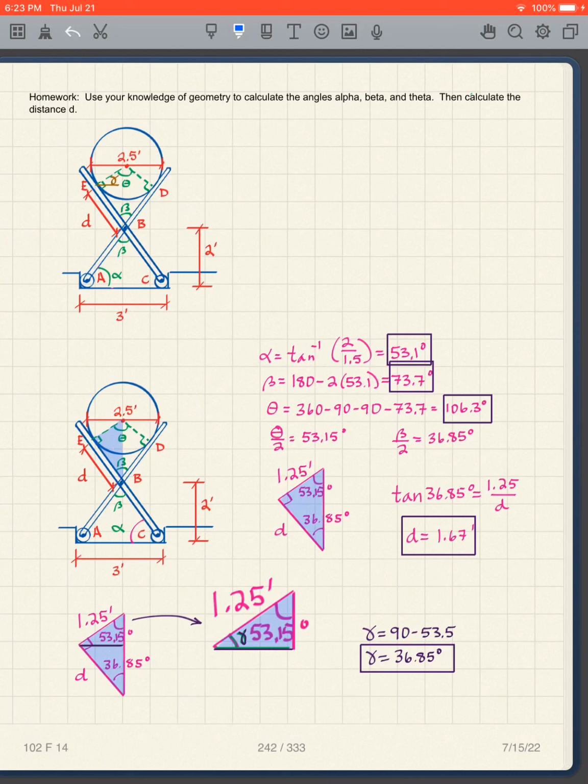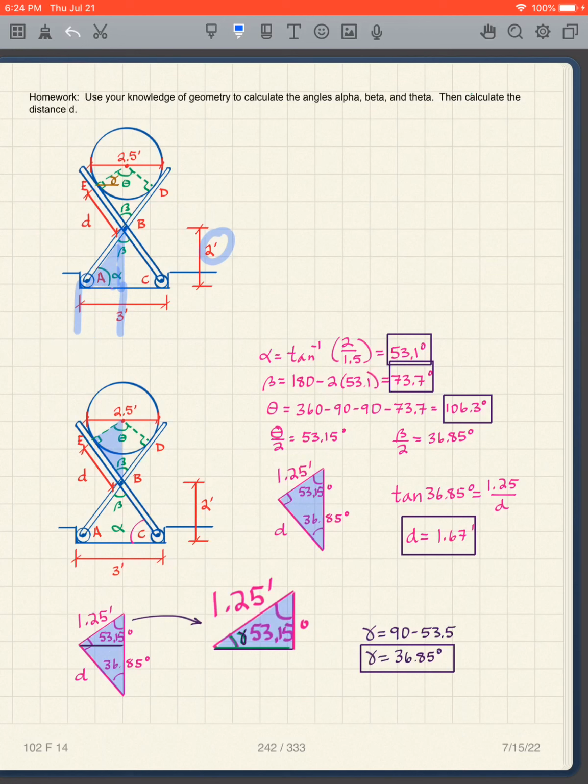You can do it any way that you want to get these angles, but alpha is the arctangent of 2 over 1.5. Well, what triangle am I using here? I'm using this triangle right here. So I know that this is 2, and then this distance is going to be 1.5. So that's easy to get alpha.